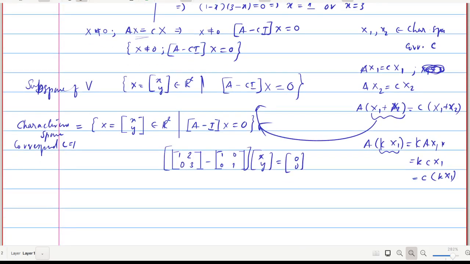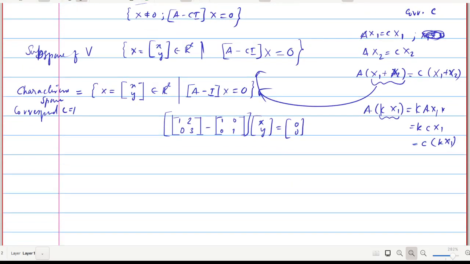By subtracting, you get the matrix [0, 2; 0, 2] times (x, y) equal to (0, 0). By solving this, you get the characteristic space, the set of all x satisfying Ax equal to 1 times x, defined as this set.